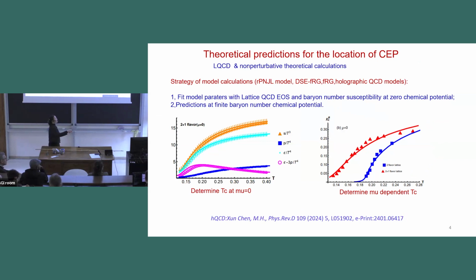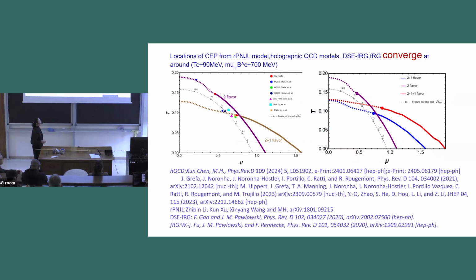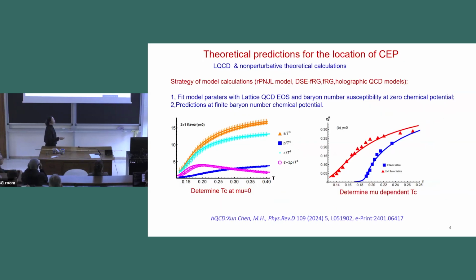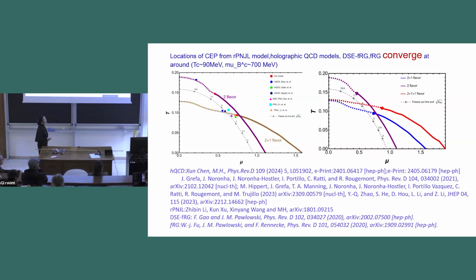Basically the strategy is that you fix parameters at zero chemical potential, and then you predict the critical endpoint. It turns out, and it's kind of surprising, that whatever model you use, the location of the critical endpoint is actually quite close.